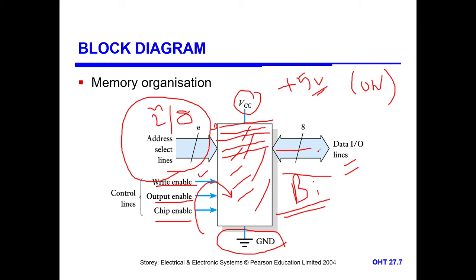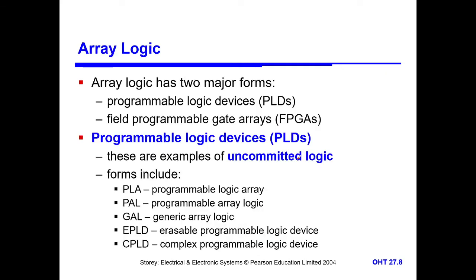So this is the bus which is carrying the digital data between the memory and the input output device. It is a bidirectional one. It can take the data into the memory, and it can fetch the data from the memory. Next one. So that is about the memory.